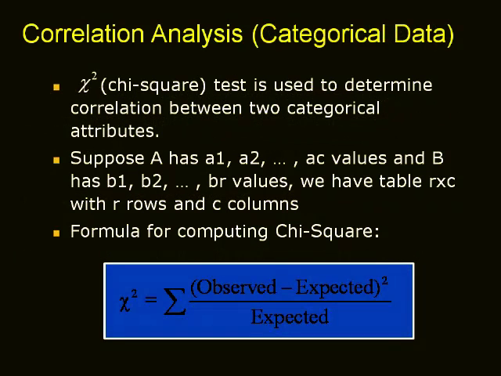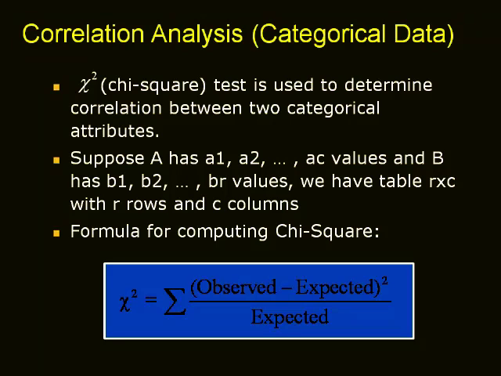Now for categorical data, we can use the chi-square test to determine the correlation. For categorical, that means discrete data, a correlation relationship between the two attributes A and B can be determined by the chi-square test. Suppose attribute A has C distinct values, say A1, A2, etc., AC, and attribute B has R distinct values, say B1, B2, BR.